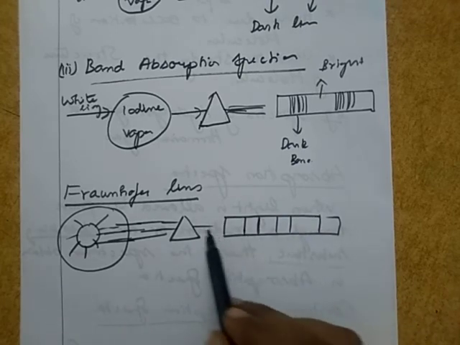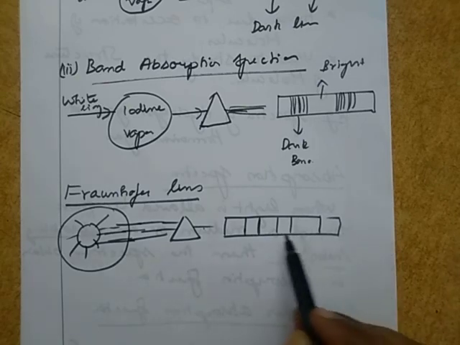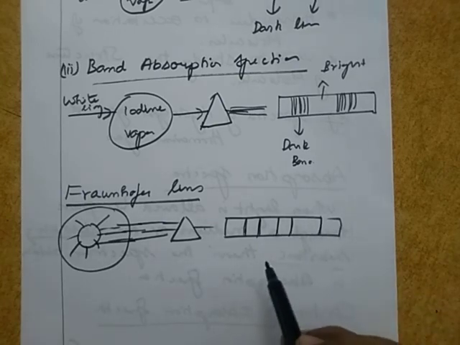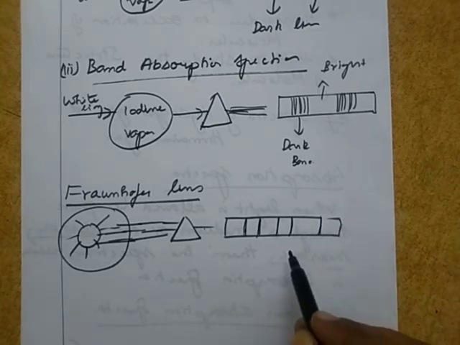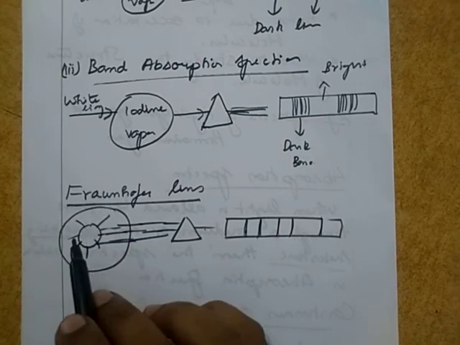We can compare these lines with known elements, then find which elements are present in the sun's atmosphere.